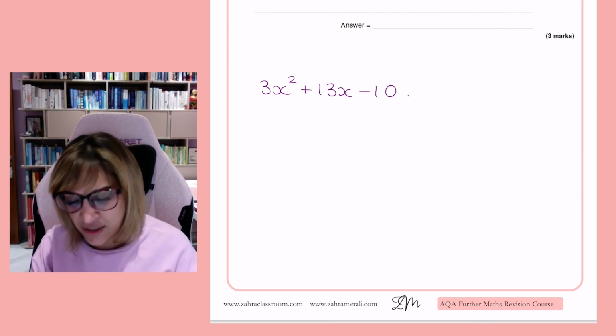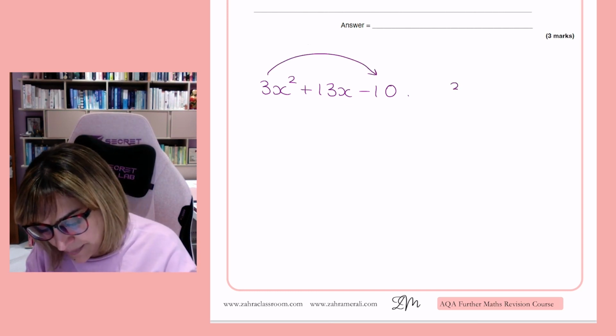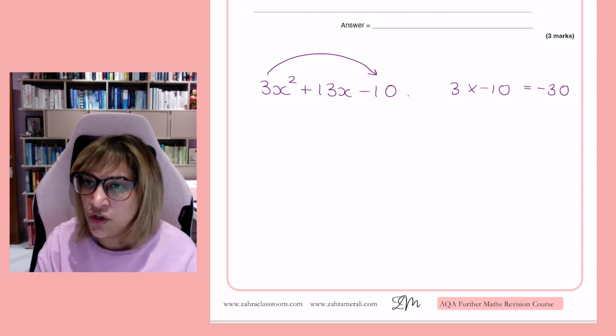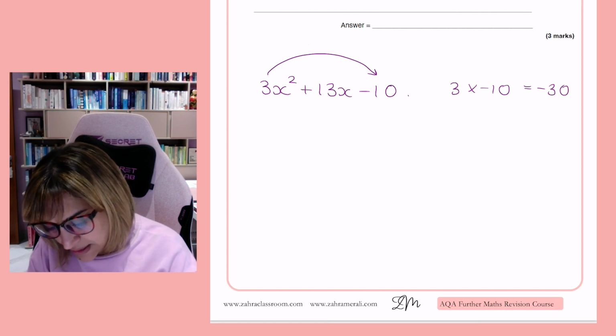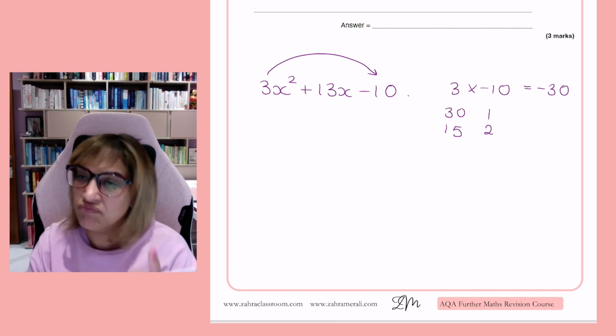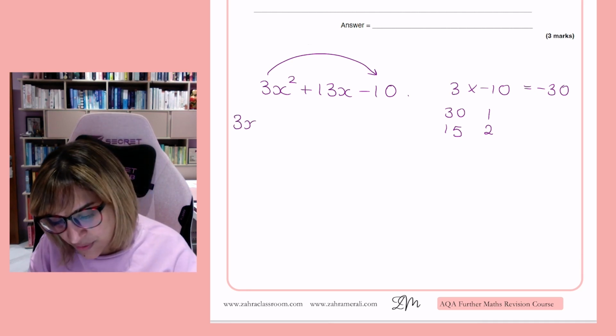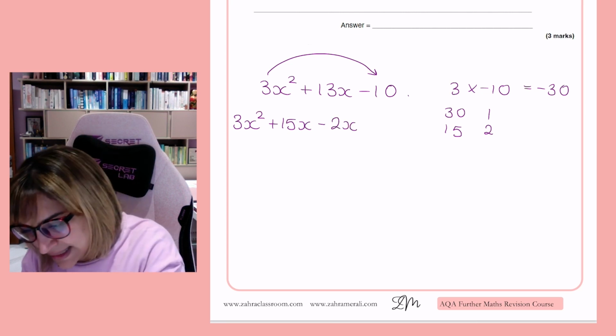I know that you might use the method where you do 3 times minus 10 and you get minus 30. And then you're looking at factors. So you go, how can I get 13 from that? So I've got 30 and 1, that doesn't work. 2 and 15, that works. So I can do 3x squared plus 15x minus 2x. So I replace.